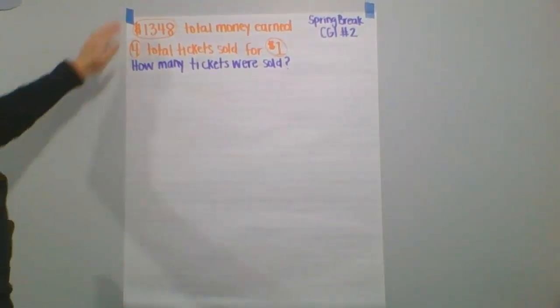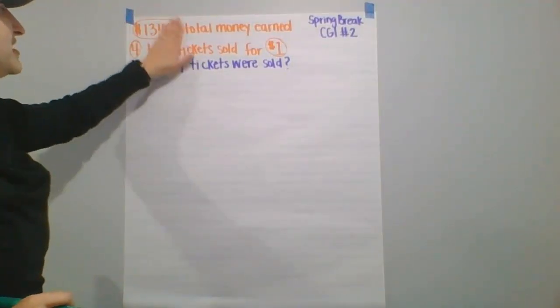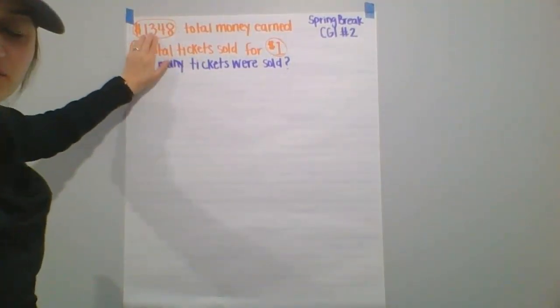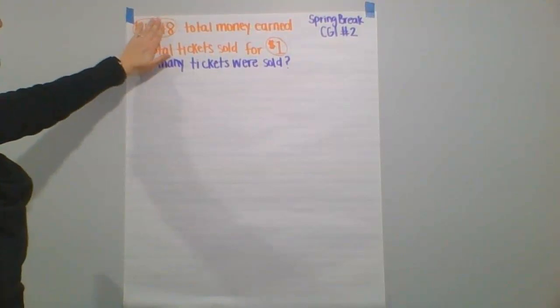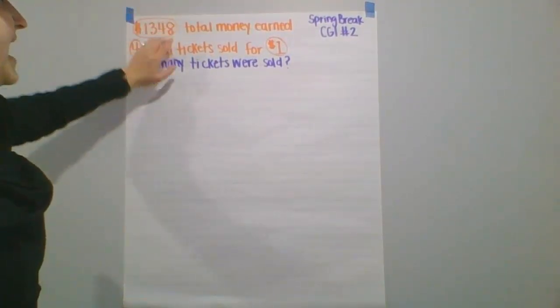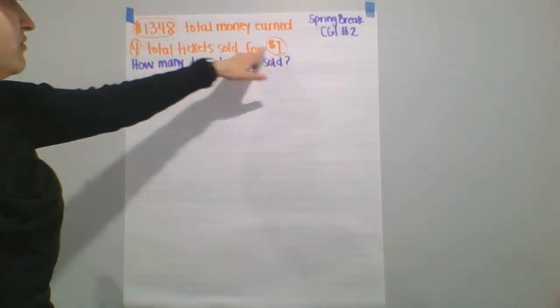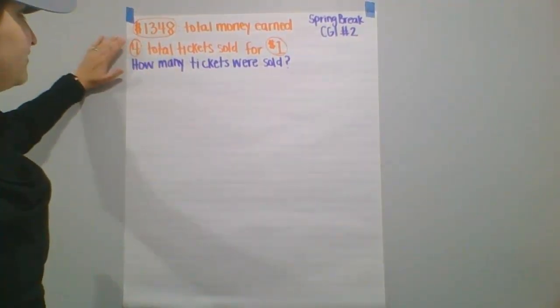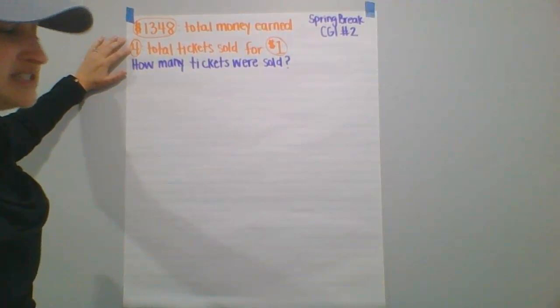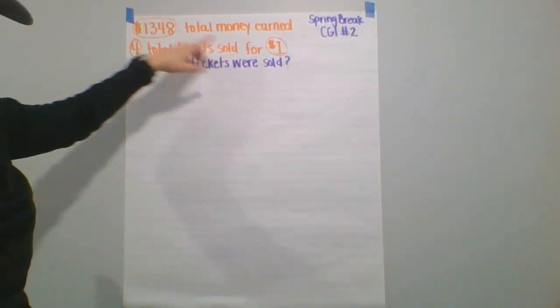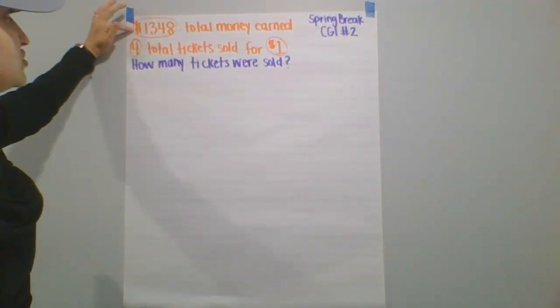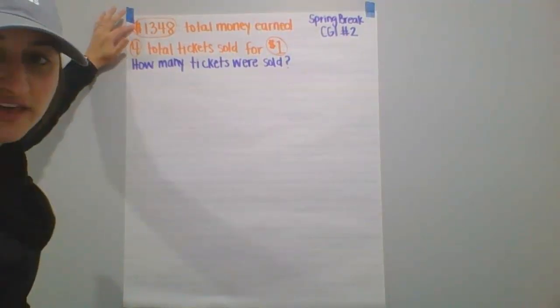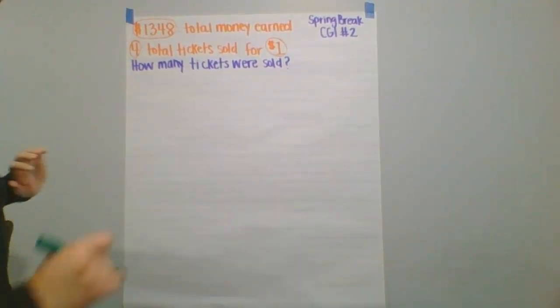So we want to think about if we have this 1,348, this represents if we had $1 for 1 ticket, okay? But we want to figure out if we have 4 tickets for $1, how many tickets would that actually represent, okay?